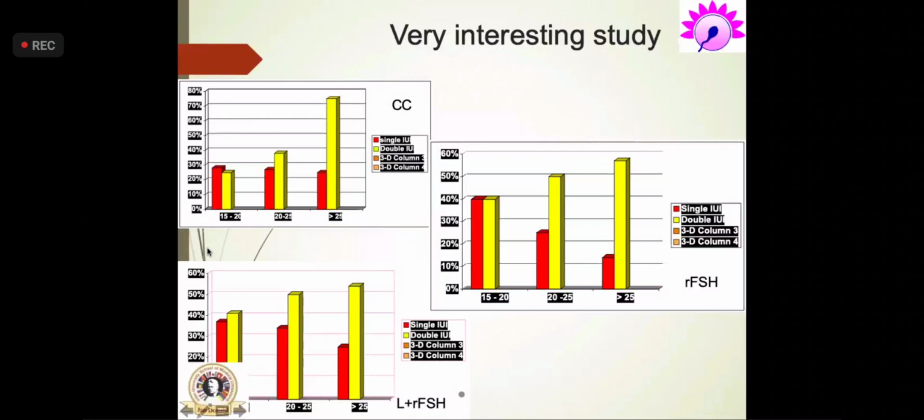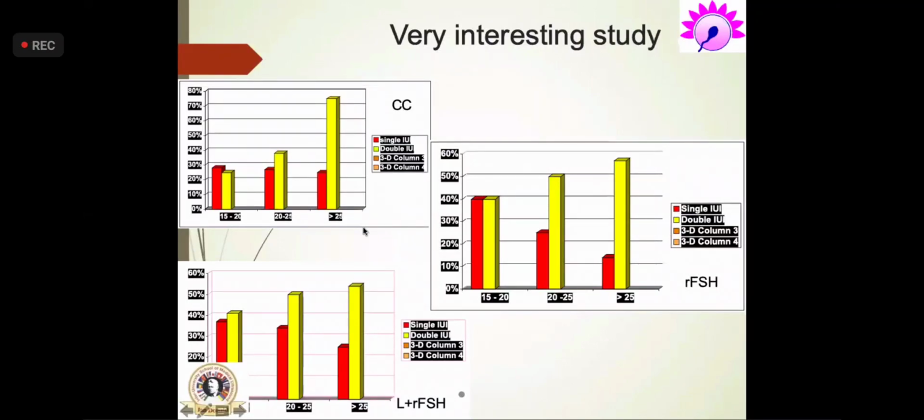If you see here, all the follicles where the PSV was more than 15 were taken into the study. Single IUI at 36 to 38 hours and double IUI at 12 to 14 and 36 to 38 hours were done randomly in these patients, alternating the odds as single IUI and the evens as double IUIs.